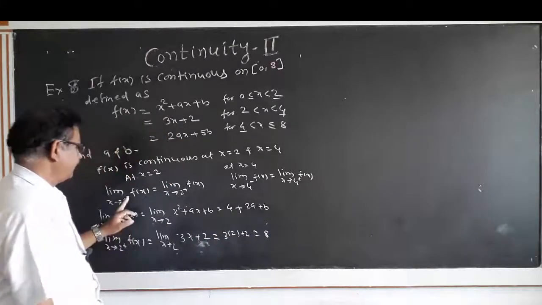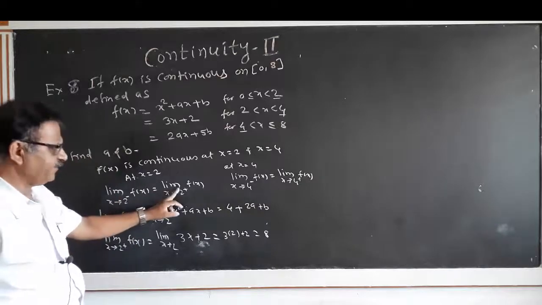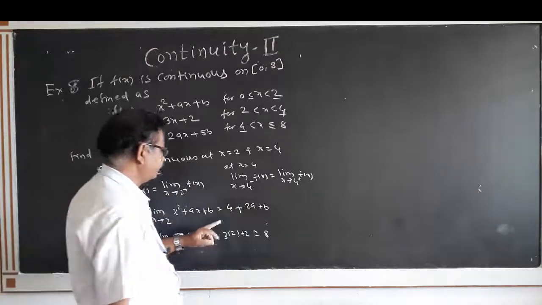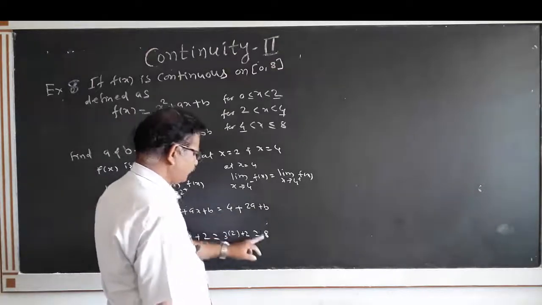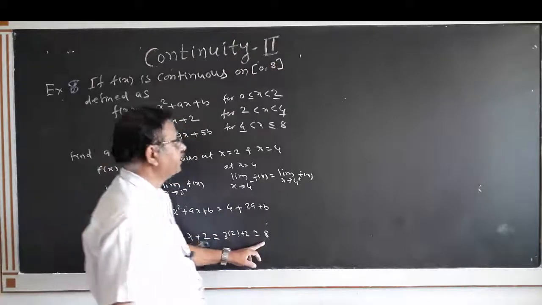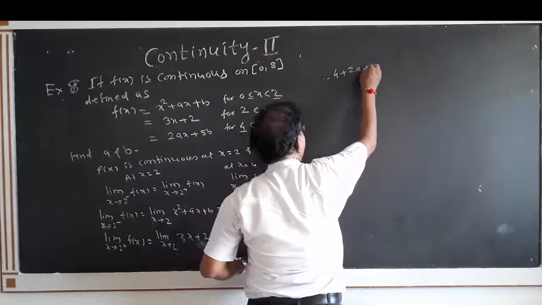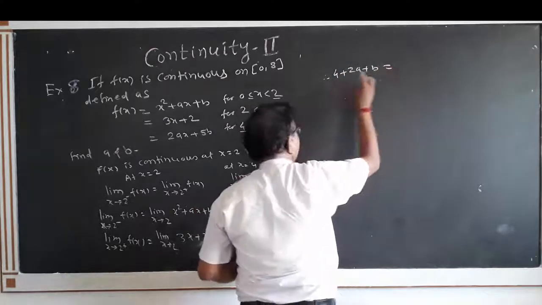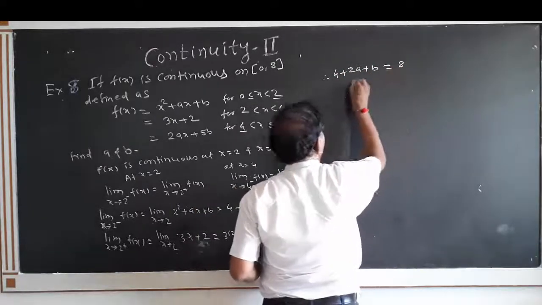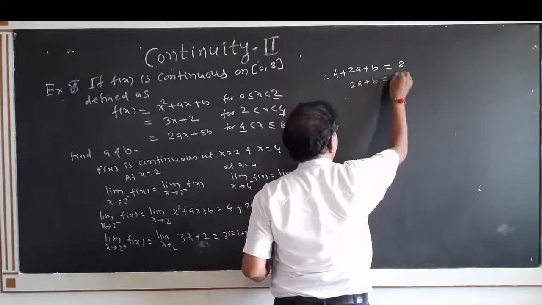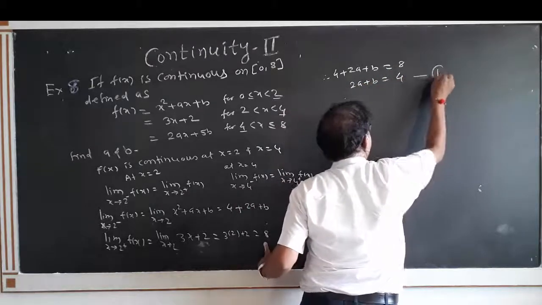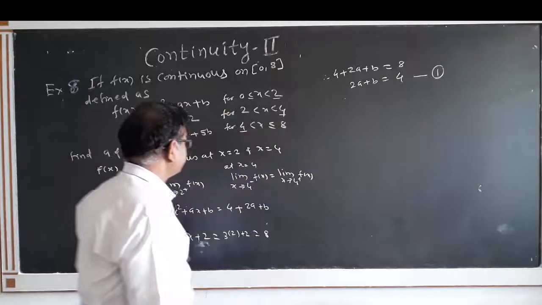Now, as left hand limit equals right hand limit, we must have this value equal to this value. Therefore, 4 plus 2a plus b must be equal to 8, and hence 2a plus b equal to 4. This is the first relation in a and b.